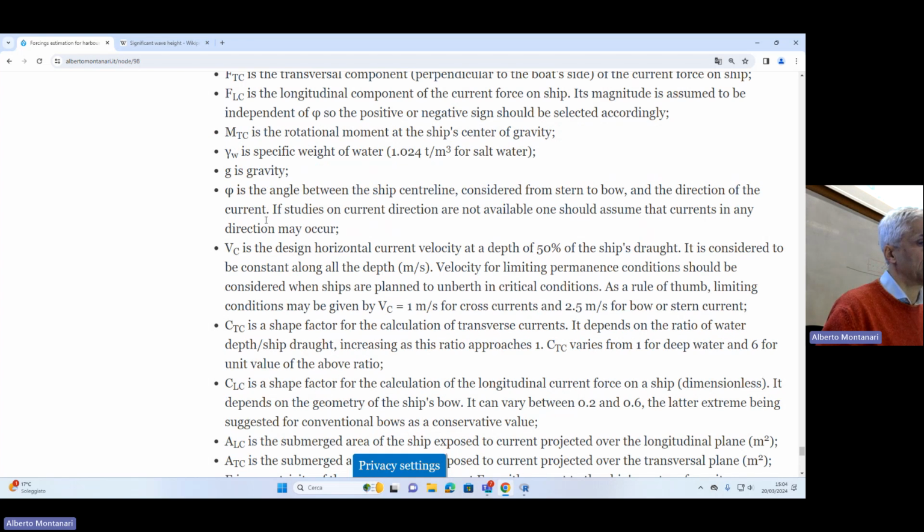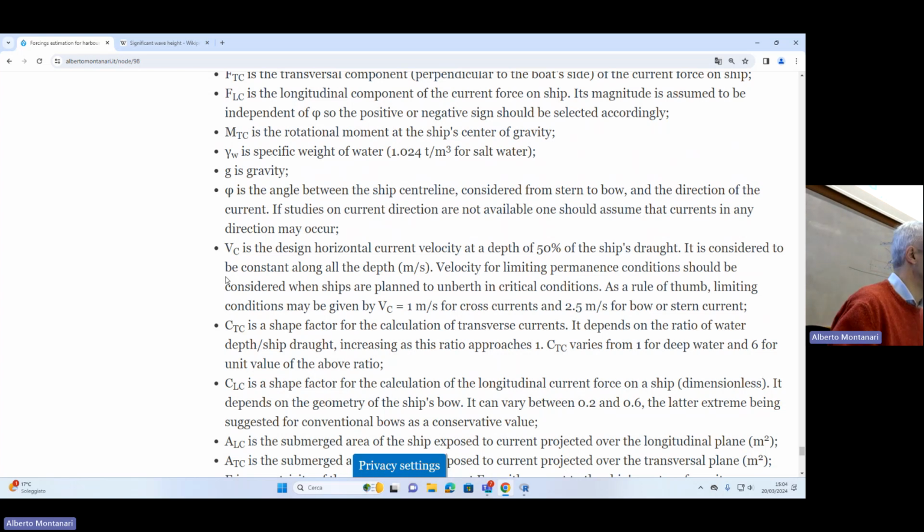Here there are some further specifications on the computation of the velocity of the current, and let's forget it, but let's remember the order of magnitude. A typical velocity for a strong current may vary from 1 meter per second to 2.5 meters per second.